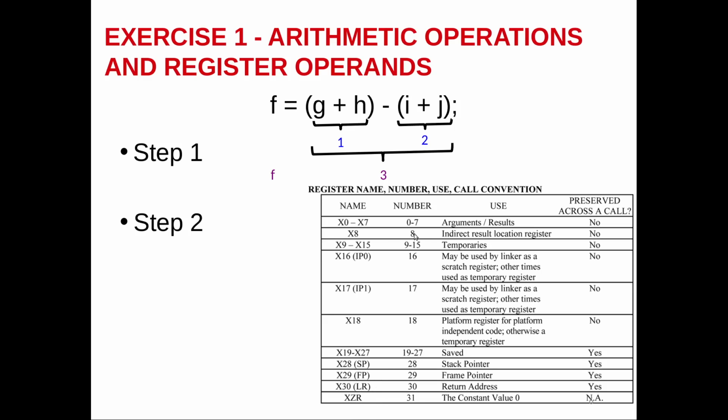Among those, we have many special purpose registers like registers 0 to 7, register 8, registers 16 to 18, registers 28 to 31. So these registers should not be used as intermediate values or as variables in our program, and so we should use registers 9 to 15 and registers 19 to 27 in our equation.